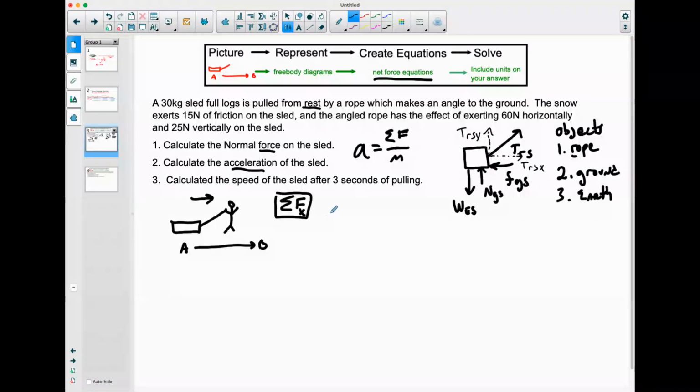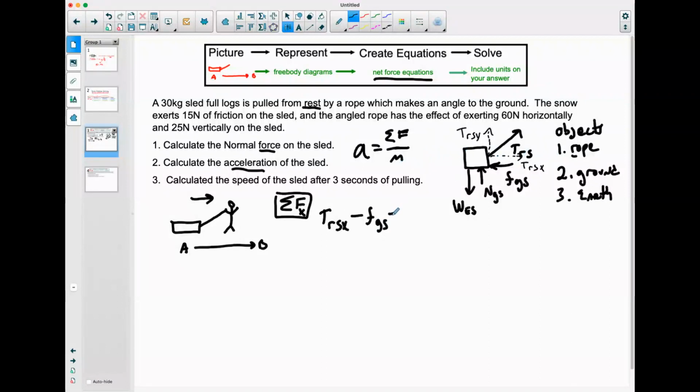So we have a forward pull from the tension of the rope on the sled, but just the forward amount of that pull. And in the backward direction, we have friction from the ground on the sled. And those are the only two forces acting horizontally.